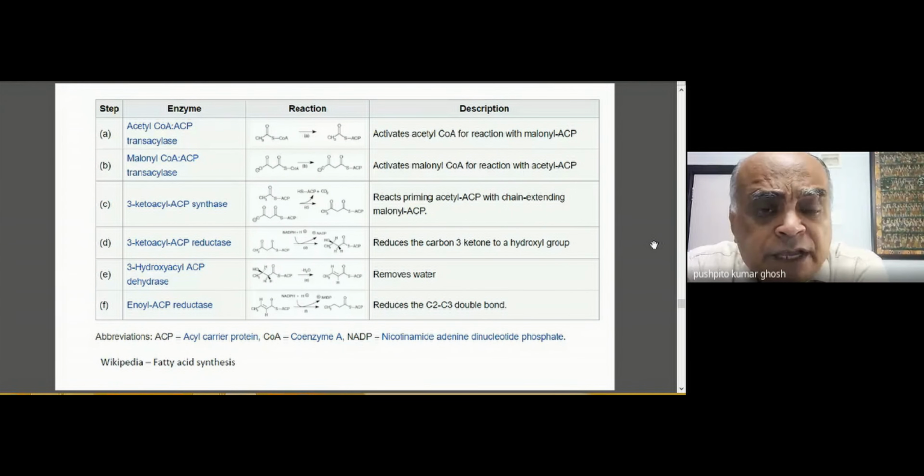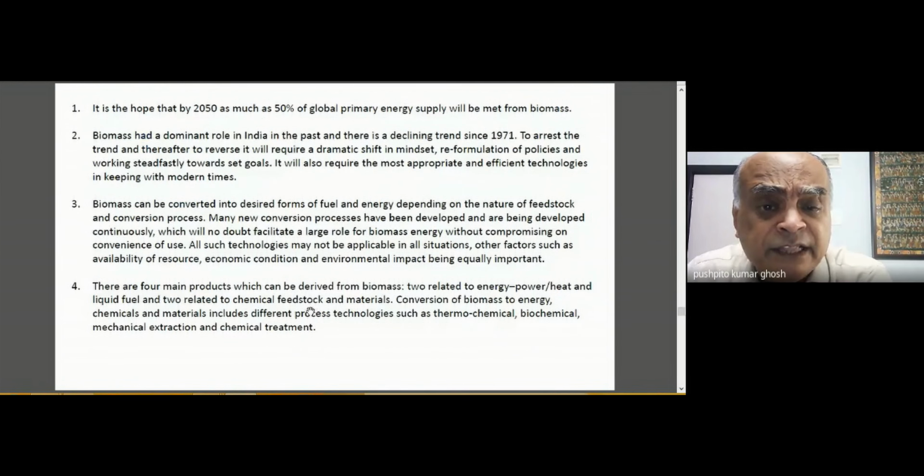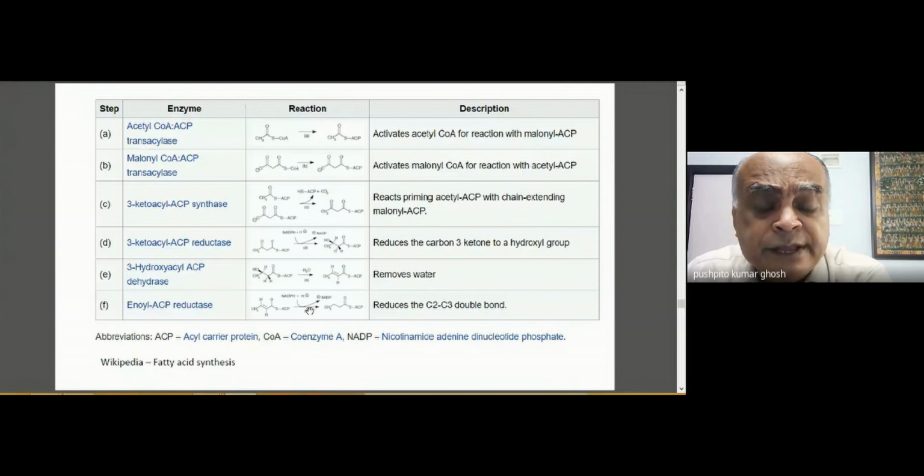Now, if you also look at this whole process, I've tried to summarize for you what all the fatty acid synthesis enzymes are. By the way, all of this material is given in a very lucid manner in Wikipedia, from where I have taken it, because I found them explaining it extremely easily.